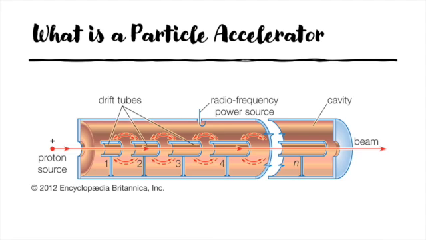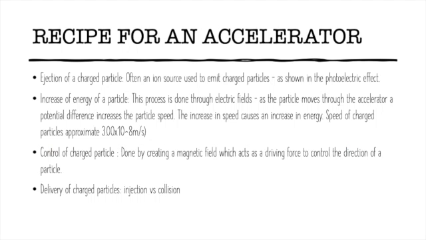Each gap exerts an additional force to speed up the particle, and then when it's in the tube, the particle's speed is constant. So you run it through at a constant speed, increase the speed, run it through at that constant speed, and do that over and over, until you have speeds pretty comparable to the speed of light.